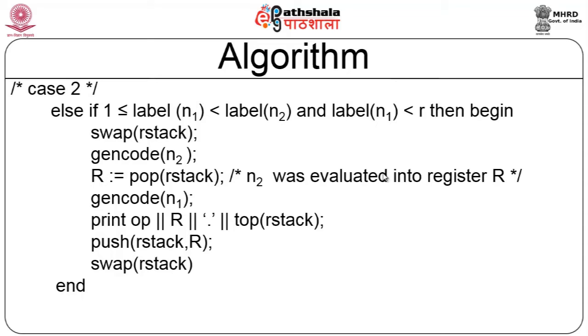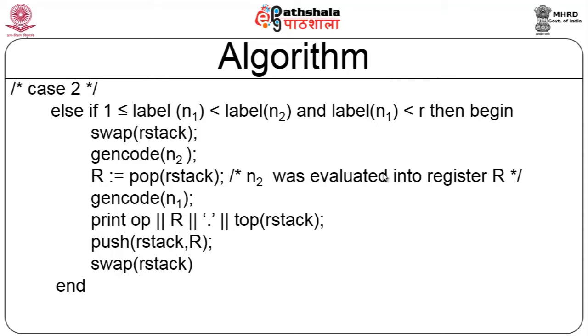So in that case, I swap r stack. If I swap r stack, I have changed the position of the registers available in the stack as r0, r1, and then I do a gen code of n2. I'll call with the right subtree. That right subtree will go through any of these, and then I have to pop r stack, and then push, calling that as r.